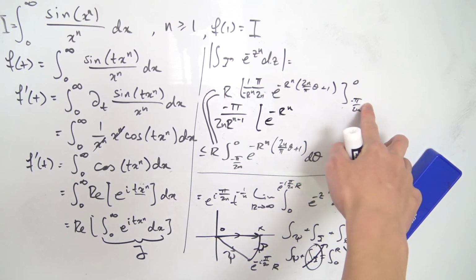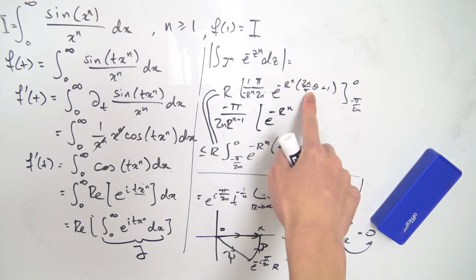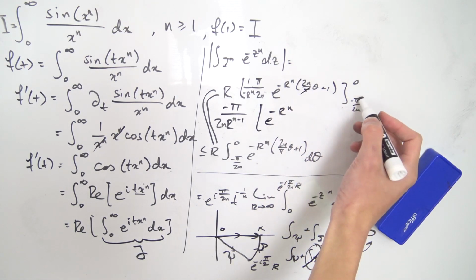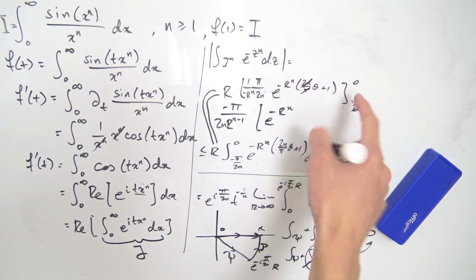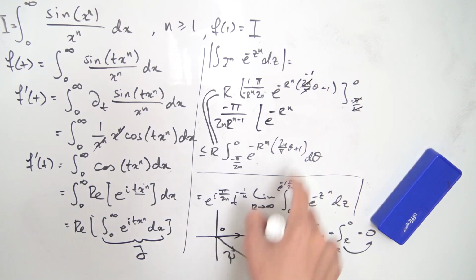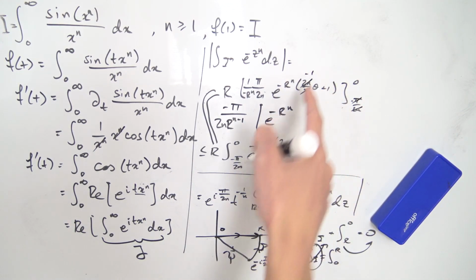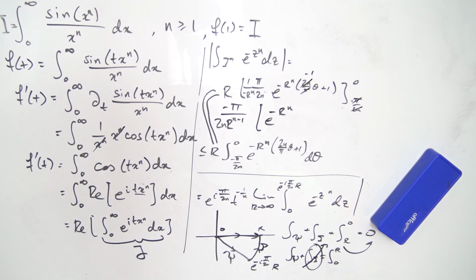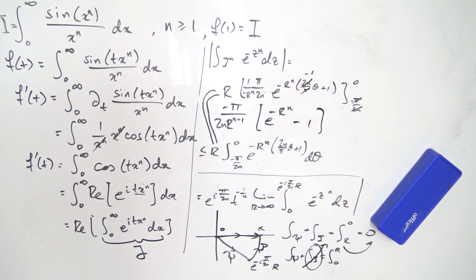And if we plug minus pi over 2n into here, notice that this pi and this pi will cancel each other out. This 2n and this 2n will cancel each other out, leaving us with just a negative 1. But minus 1 plus 1, that's a 0. And, well, that's just going to kill off this whole exponent. So we're just left with e to the 0. And that's going to be 1. So what did we just show right here?